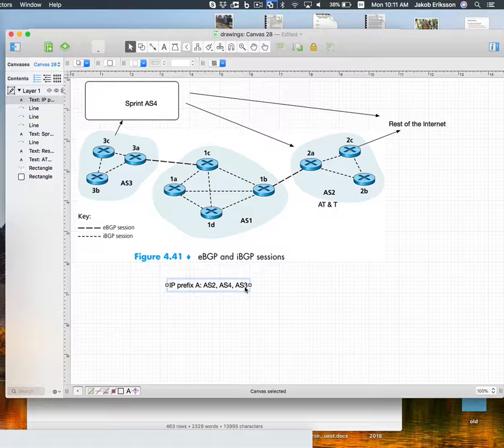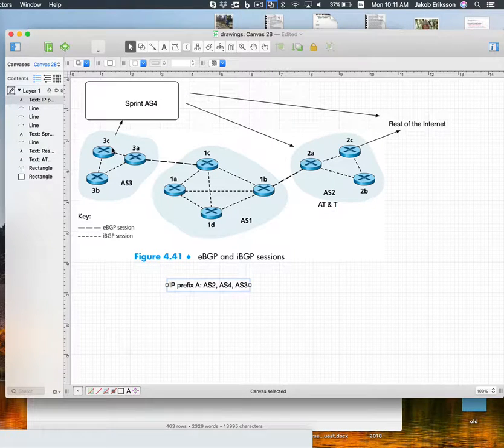Now, the path can come with lots and lots of attributes, and we'll talk about those a little bit later, but in principle, and I think in practice, at least generally speaking, there are no costs associated with the various ASs. So AT&T doesn't say, oh, this link is this fast. Sprint doesn't say anything about how fast its links are internally. It doesn't even express any preference about which one, really.